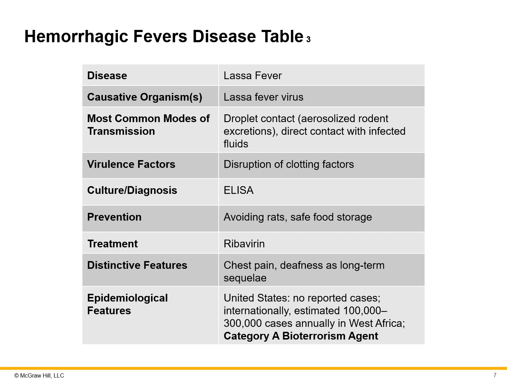And then our last one here, the Lassa fever, caused by the Lassa fever virus. Just like with Ebola or Marburg, these are spread by direct contact, so not using the mosquitoes, but still disrupting those clotting factors. Prevention is by avoiding rats, which are carriers of it, and safe food storage.